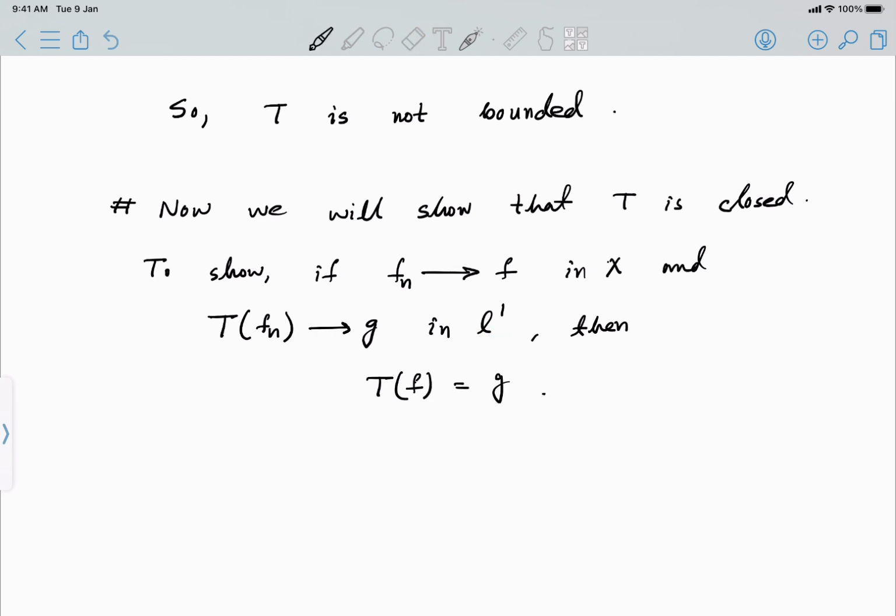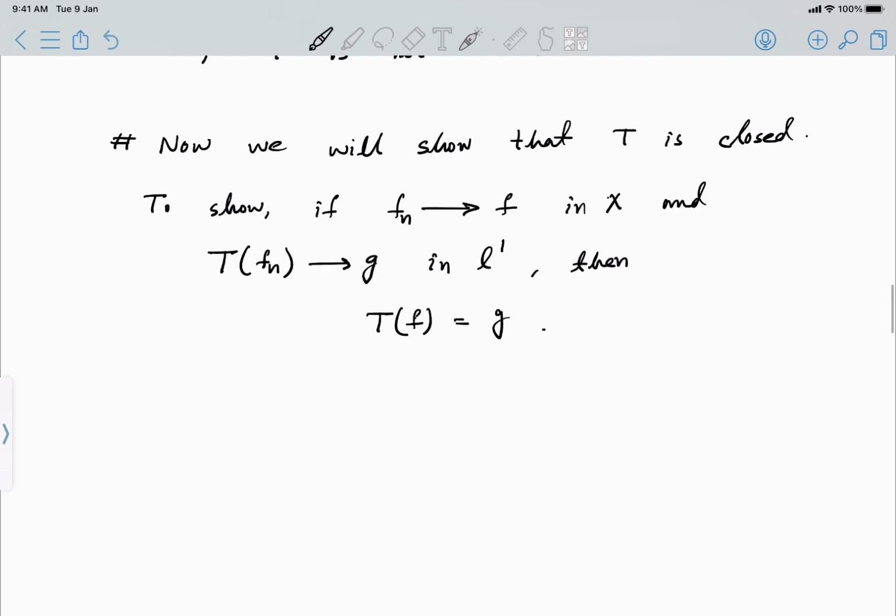So this means that T is closed. So if Fn converges to F and T of Fn converges to G, then T of F should be equal to G.